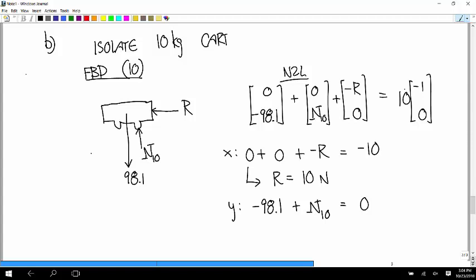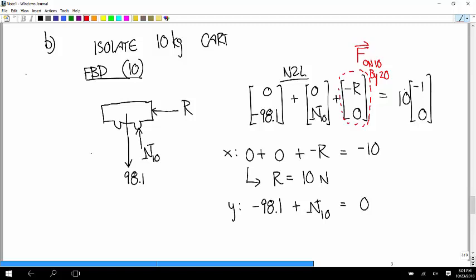And now notice that this vector here is the force on the 10 kilogram by the 20 kilogram. We just didn't know what R was yet.